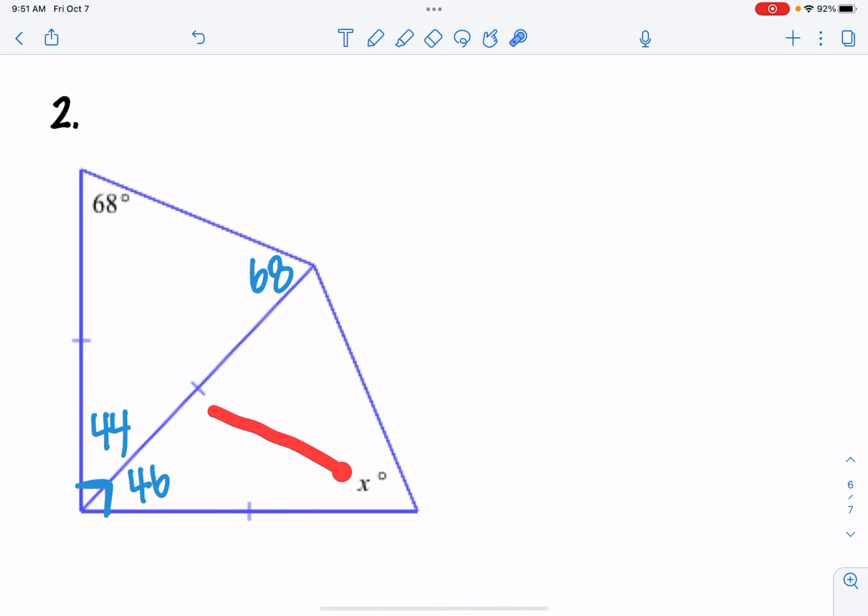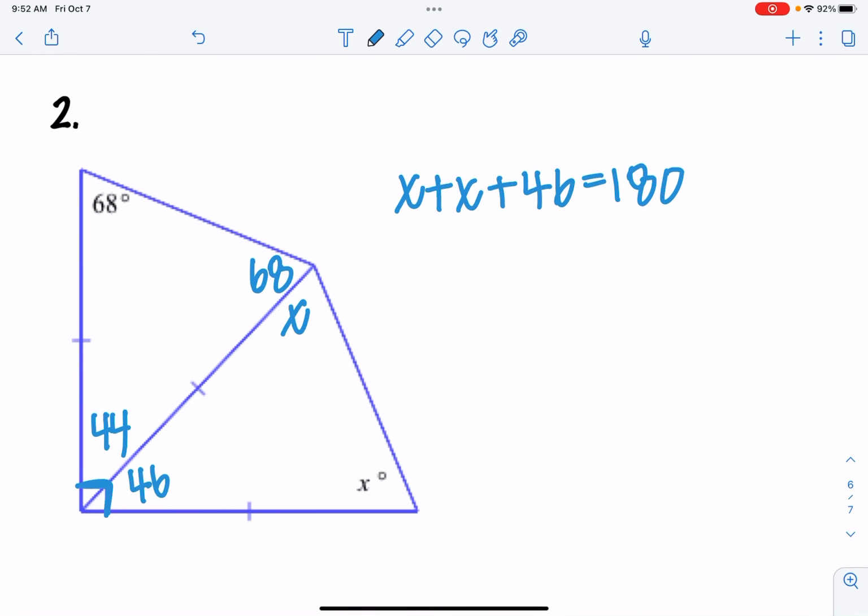So across from this side is X, which means across from this side is also X. And then we have enough information to set up our equation. So you have X plus X plus 46 equals 180 degrees for the triangle. So 2X equals 134, and you should get 67 degrees for each of those X angles.